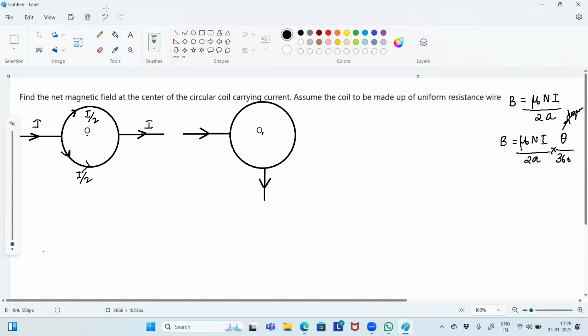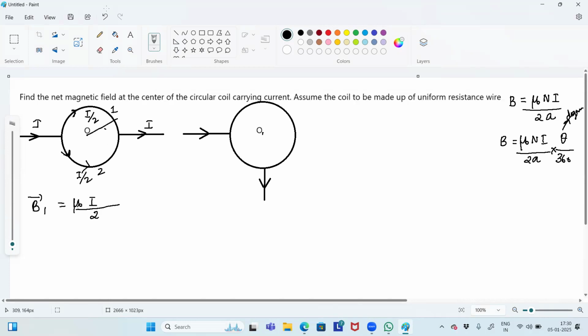Now, in the first case, if you take the top segment as 1 and the bottom segment as 2, the magnetic field due to coil 1 equals mu0 times I by 2, the current is I by 2, number of turns 1, so let's count 1, divided by 2 times the radius.